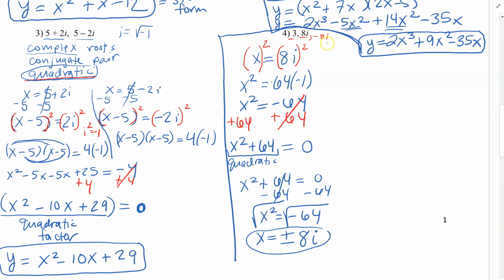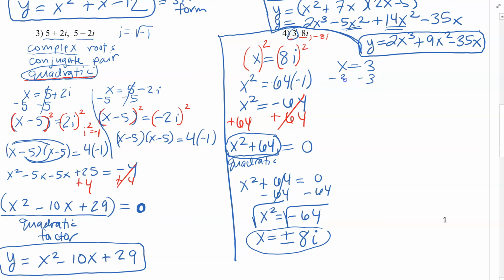So even though negative 8i wasn't listed as a root, it has to be if positive 8i is a root, because positive 8i comes from this quadratic factor, and so does negative 8i. Anyway, long story short, x squared plus 64 is one factor. The other factor comes from the root of 3.